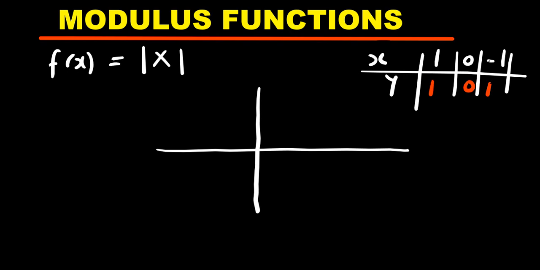If we graph this, 1, 1 is that point. 0, 0 is that point. -1, 1 is that point. Then you join them with straight lines. This is how you graph this one.